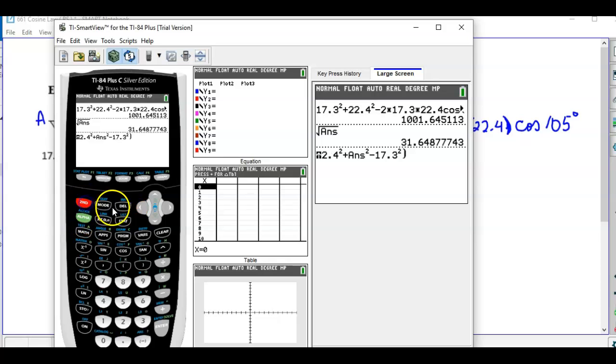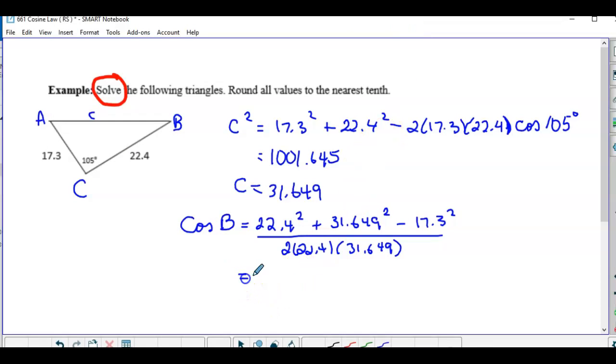So I'm going to go second, delete, which is insert, open bracket. I should have opened it at the beginning. In any case, now I can go divide and then open bracket, 2 times 22.4 times that 31.649, so second negative again, that answer, close the bracket, and enter. It's going to be a decimal less than 1. Okay, so that's 0.849.